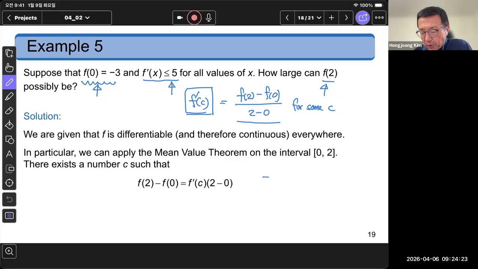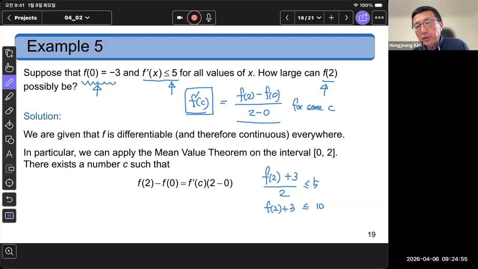So here is the expression f of 2 and f of 0 is -3, and 2 minus 0. This value cannot be greater than 5. So if I multiply 2 to this inequality, f of 2 plus 3 cannot be greater than 10.